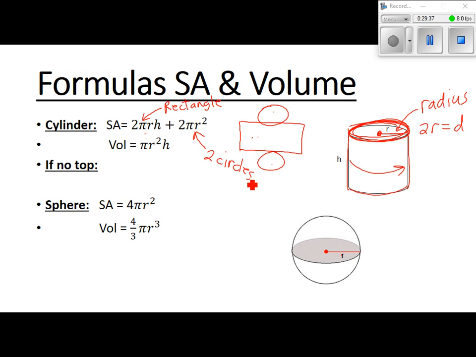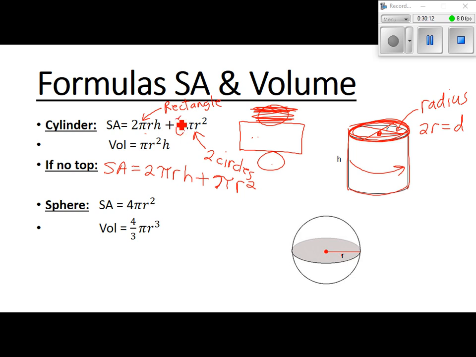Well, if we don't want it to have 2 circles, because the top is not there since it's open so we can fill it up, then we just get rid of one of the circles. And the way we do that is by just getting rid of that 2 right there. So if there is no top, the surface area is 2 times pi times radius times height plus pi times radius squared.